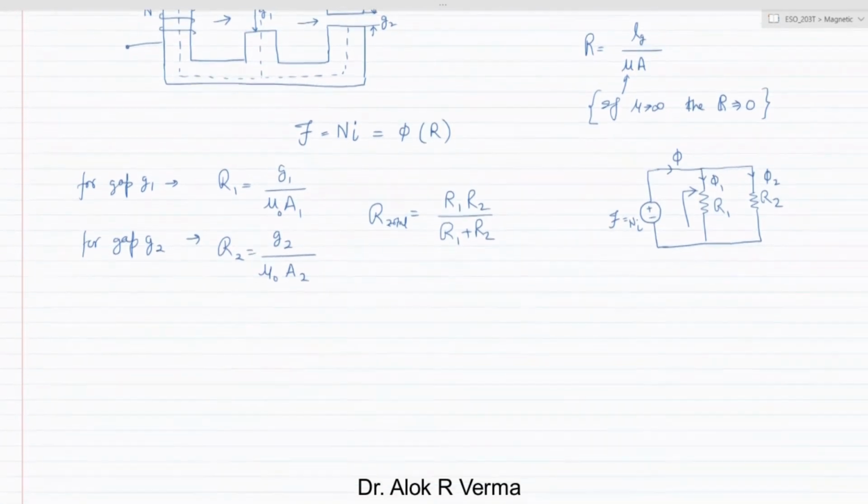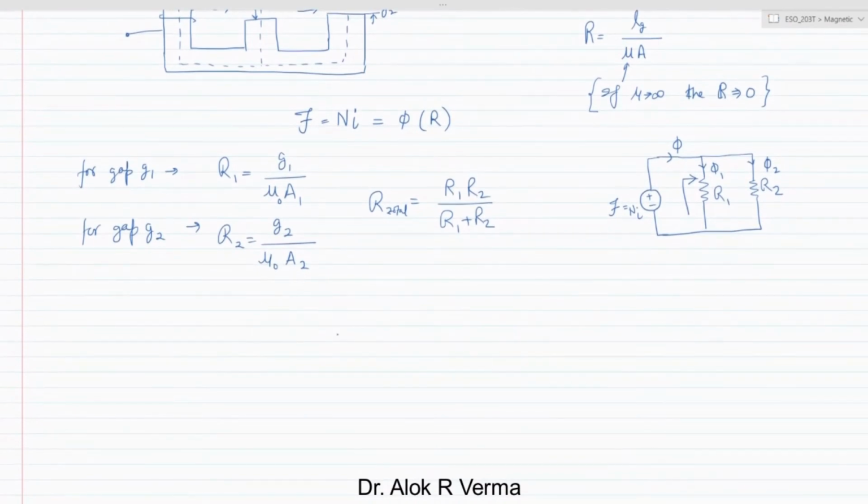From this R total, the next step is calculating the inductance. Inductance is nothing but N square by the total reluctance. So now you can put N square times R1 plus R2 by R1 R2.